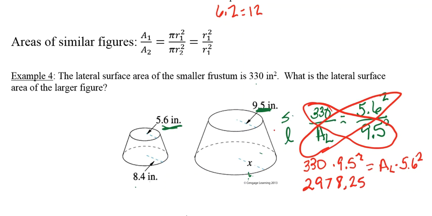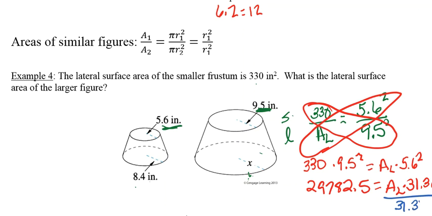No, that's not right. I got the decimal in the wrong spot. Let's rewrite that. 29,782.5. Area of the large times 5.6 squared is 31.36. Now I have to go ahead and get rid of this, so I'm going to divide by 31.36.